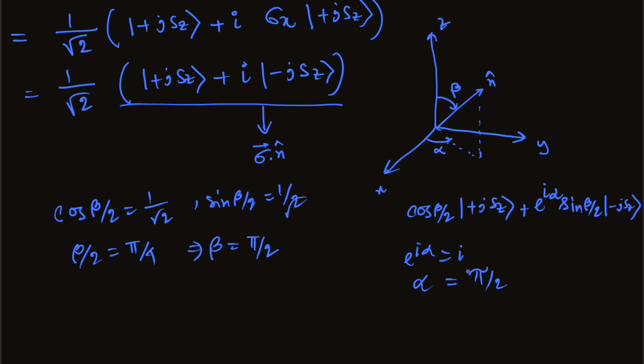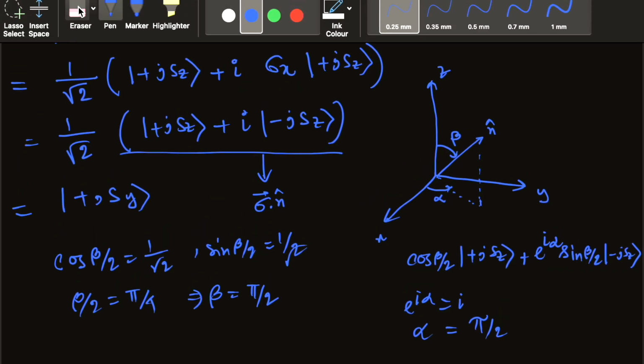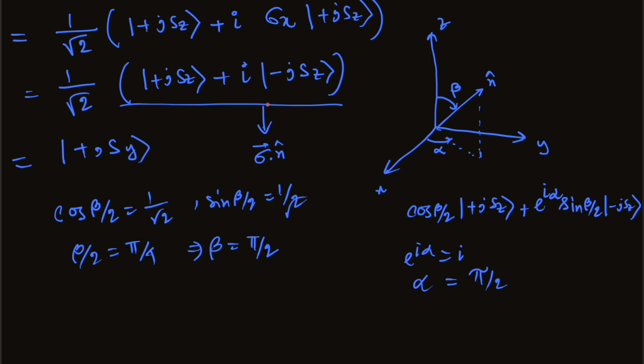That means it is actually a state with beta pi by 2 and alpha pi by 2. That means this state is corresponding to plus sy. How do I know that? Because here the beta is pi by 2 and alpha is also pi by 2.